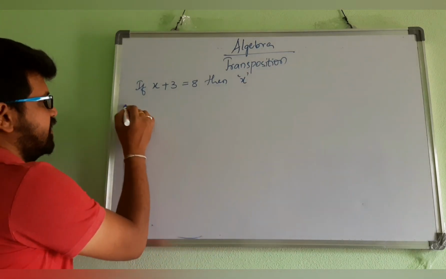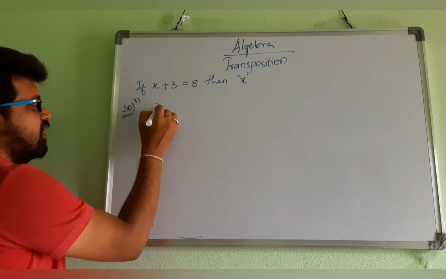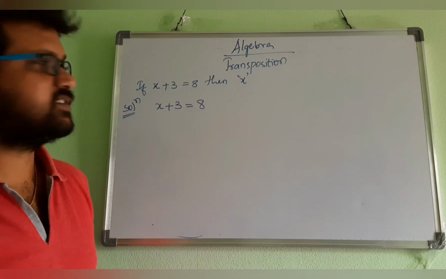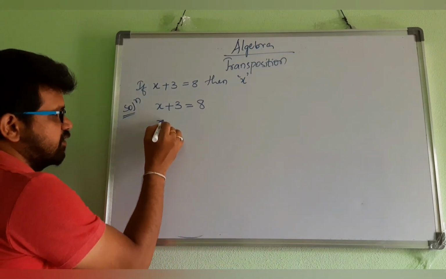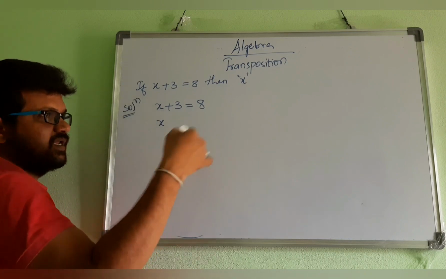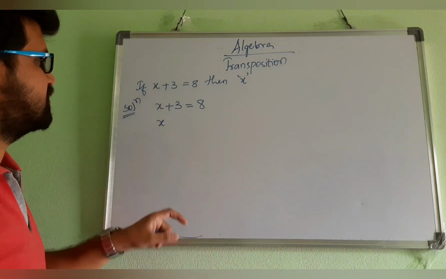So I will say an easy way how to do this sum. x plus 3 is equal to 8. Here we have to remove 3, because we need the x value, meaning the remaining numbers we have to remove. So 3 is there, plus 3 is there.